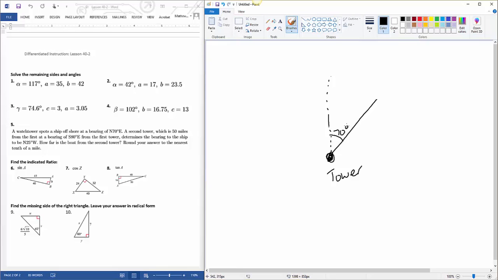A second tower, which is 50 miles from the first, at the bearing south 80 degrees east. So here's south, and then there's 80 degrees right there. So that angle right there is 80 degrees. And we know that it says that it's 50 miles away.